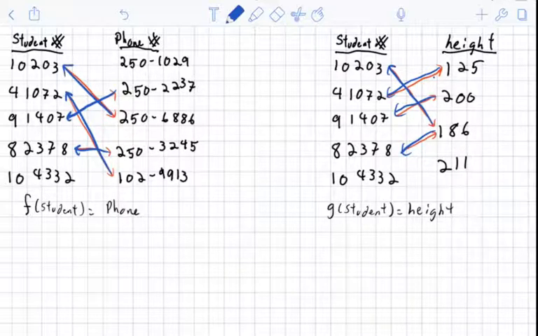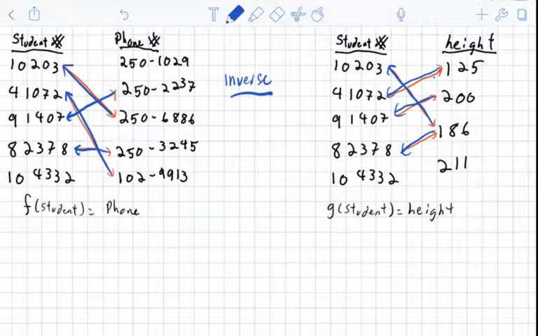The blue lines relate the same columns of information. They just go from right to left instead of from left to right. And these are called inverse functions. I've inverted the lines. I've turned them around. Inverted.